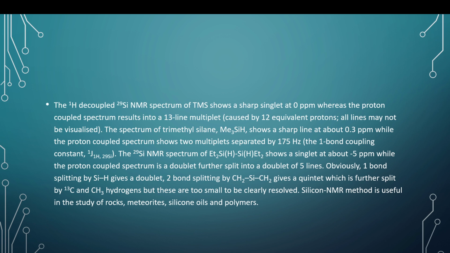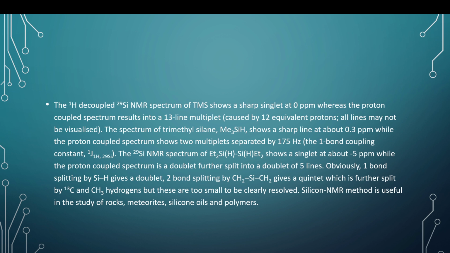The 29Si NMR spectrum of Et2SiHEt2 shows a singlet at about minus 5 ppm, while the proton coupled spectrum is a doublet, further split into a doublet of 5 lines each. Obviously, one bond splitting by SiH gives a doublet.